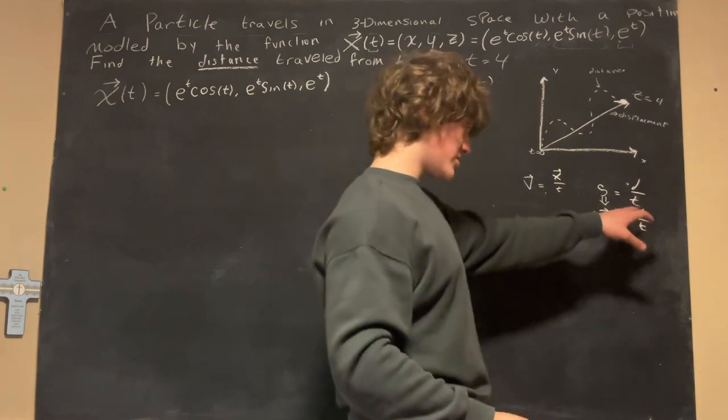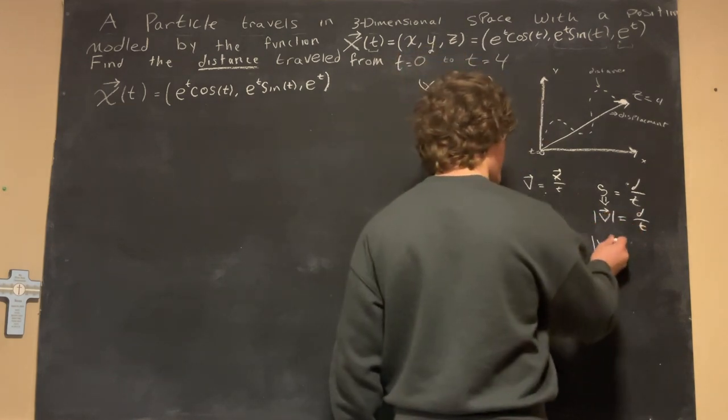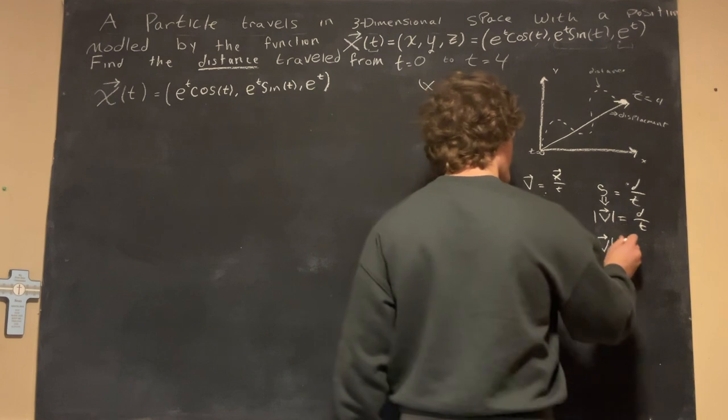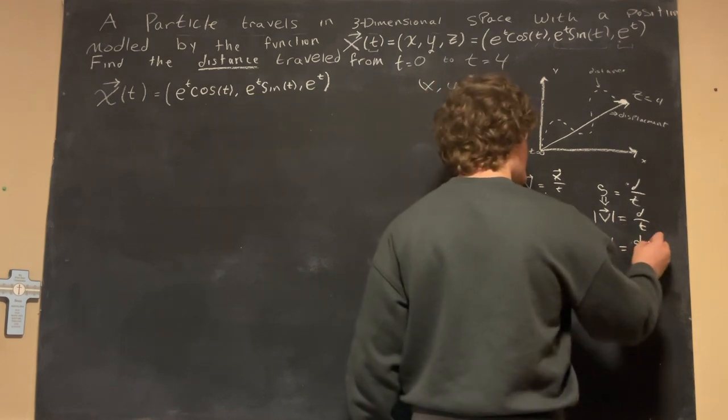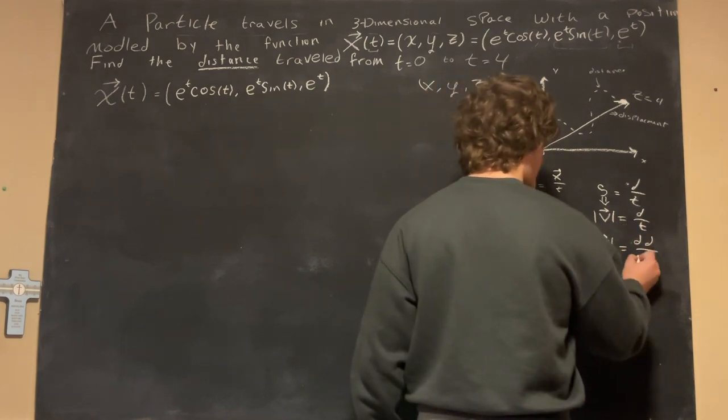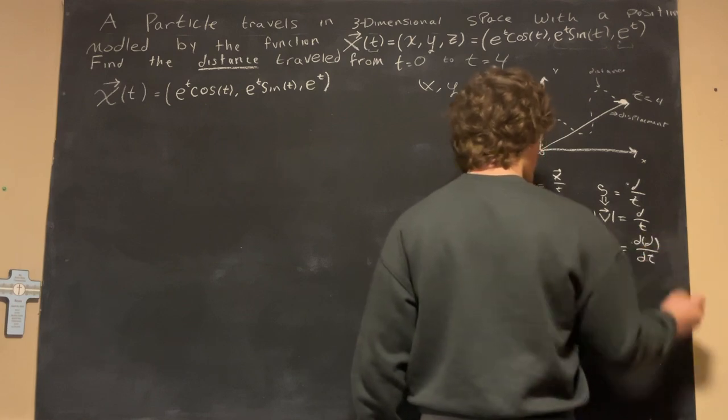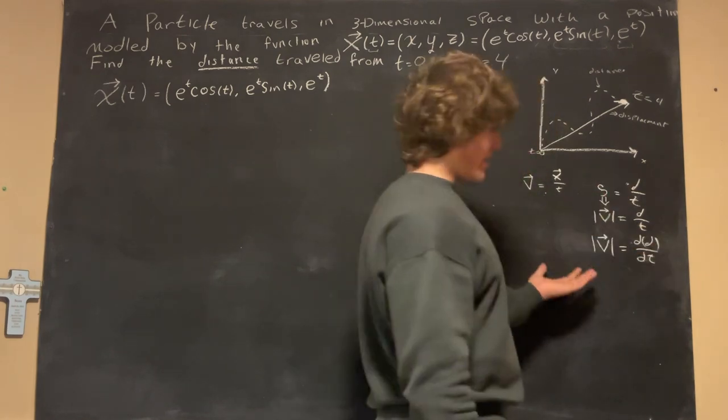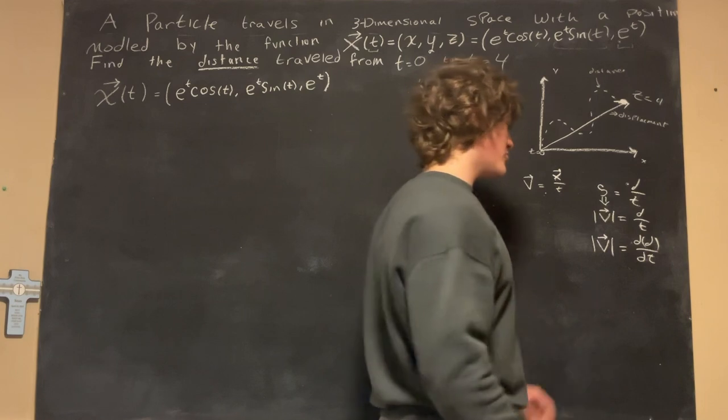So what this also is saying is that the absolute value of our velocity vector is equal to d over dt, where d is what our x would be usually. It's just kind of weird since we have two of them.